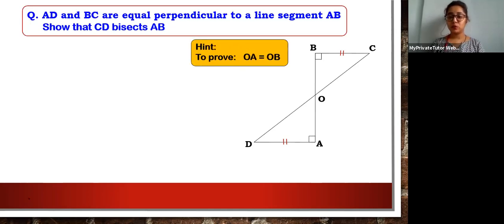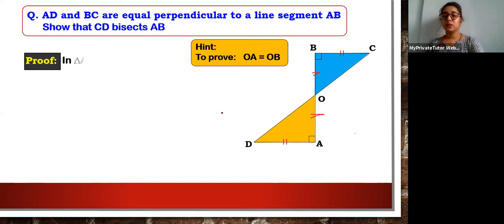Hint, you have to prove OA is equal to OB. So if you prove that both of these are equal, then there is something you'll get at the end, I'll tell you. In both of the triangles, you have to prove that OA is equal to OB.